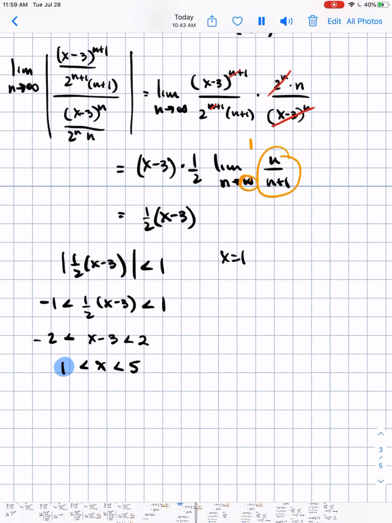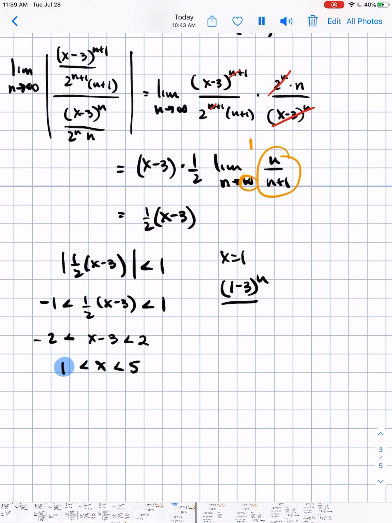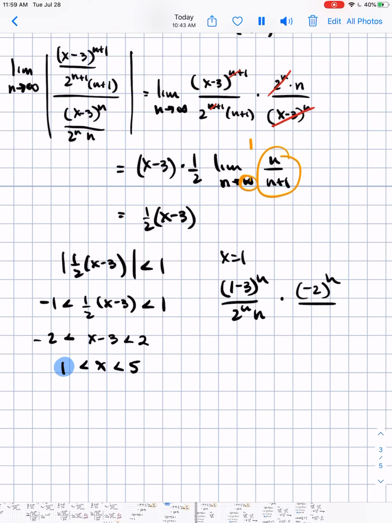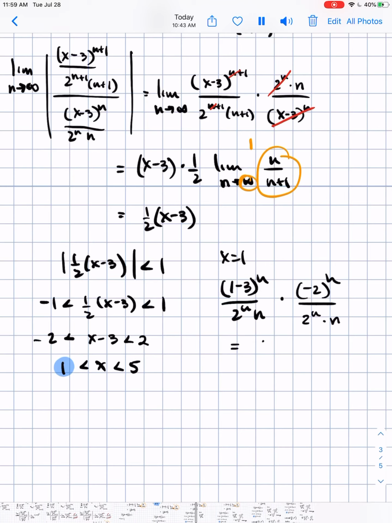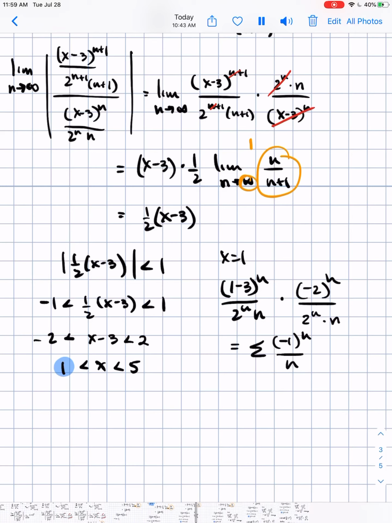So when x equals 1, I'm going to get 1 minus 3 to the n over 2 to the n times n. And this gives me -2 raised to the n over 2 to the n times n. And if you notice, those 2's will cancel, and we just wind up with -1 to the n over n, and we know this one converges. So we're going to include the 1.